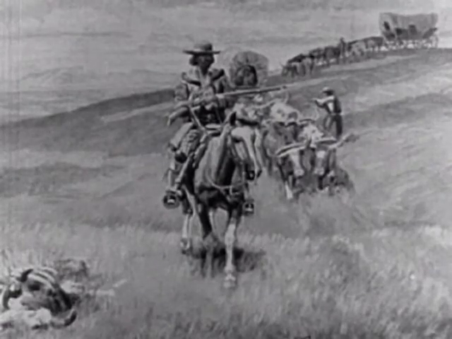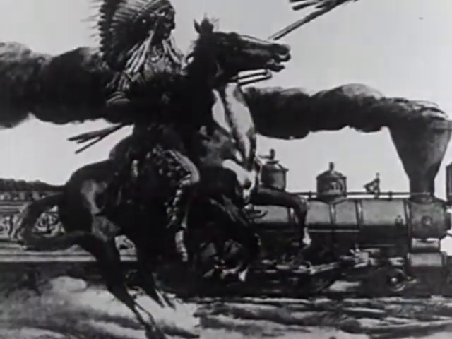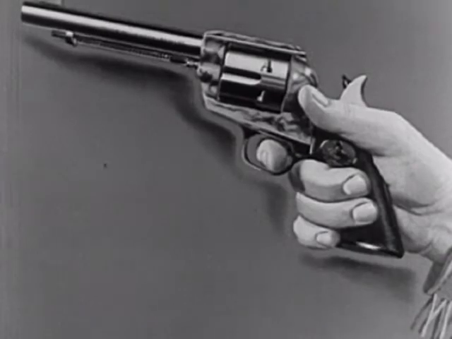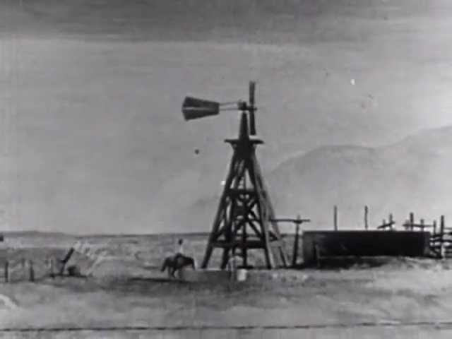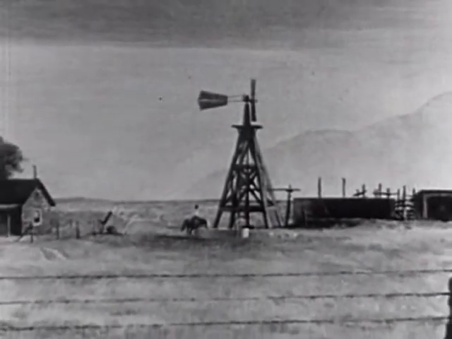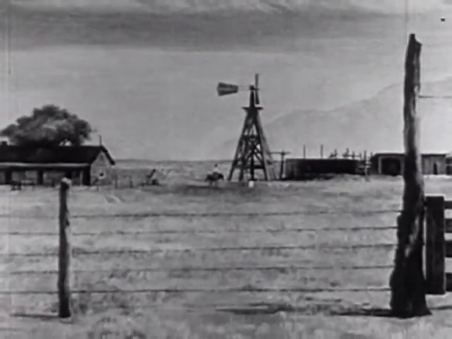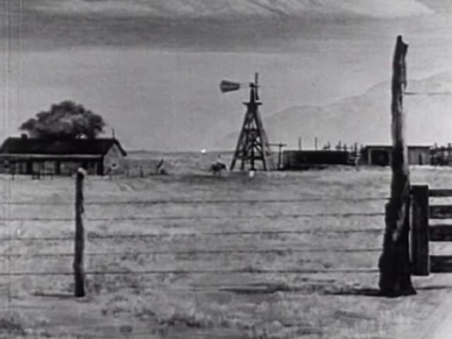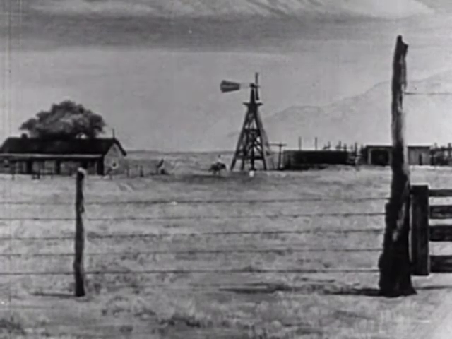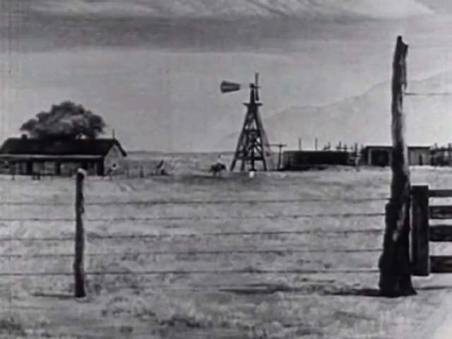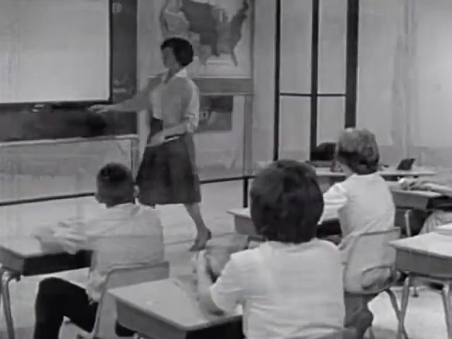Soon the Great Plains became a new land. The railroad, the Colt revolver, the artesian well, the windmill, new ways of farming dry land, and of course barbed wire, enabled our country to settle the vast interior, to turn what was once the great American desert into rich, fertile farmland.